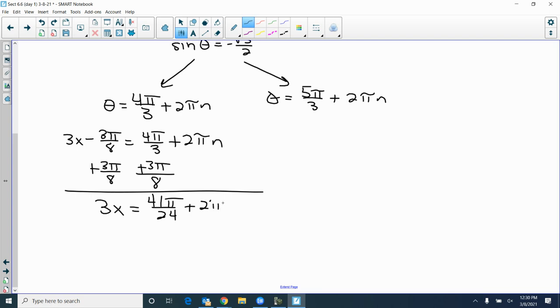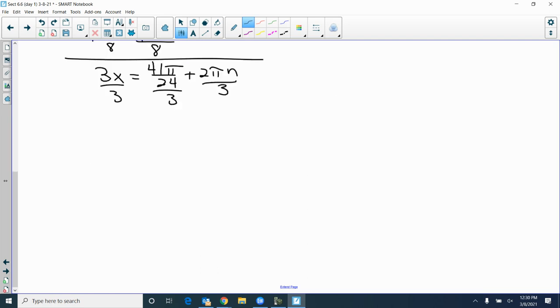41 pi over 24. I agree with that. Plus 2 pi n. And then divide everything by 3. And I'm going to get x equals 41 pi over 72 plus 2 pi n over 3.